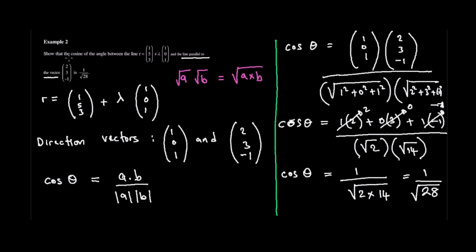Our question said to show that the cosine of the angle between the line r is equal to and the line parallel to the vector is 1 over the root of 28. So we have arrived here, which means we have shown it. These are other methods that people use in their questions, but as you can see, as we have rightly demonstrated, we are going to get to just the same answer.